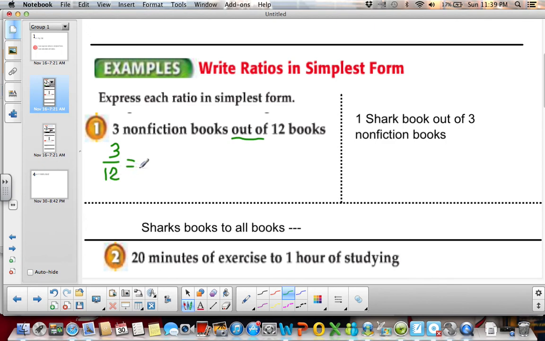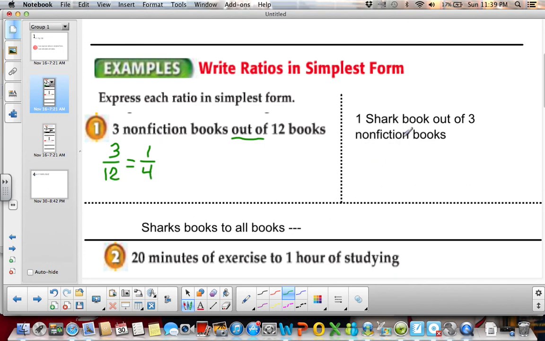And then we want to simplify it. 3 divided by 3 is 1. 12 divided by 3 is 4. So that tells us that 1/4 of the books are nonfiction, or 1 out of 4 books is a nonfiction book.